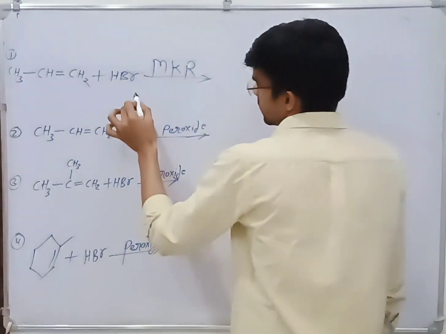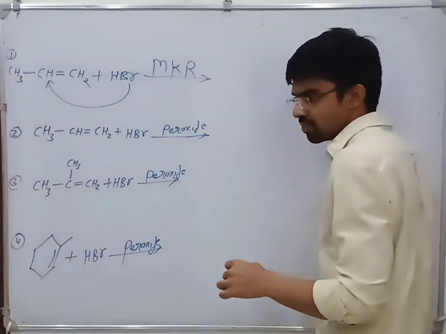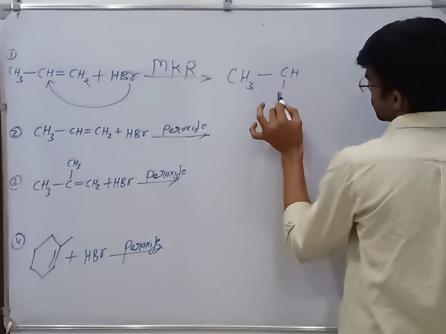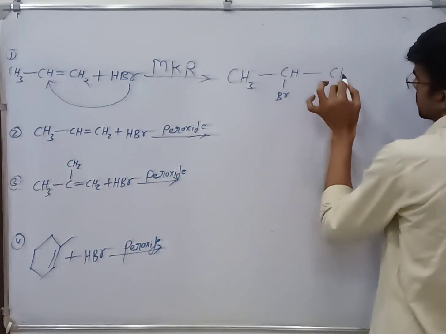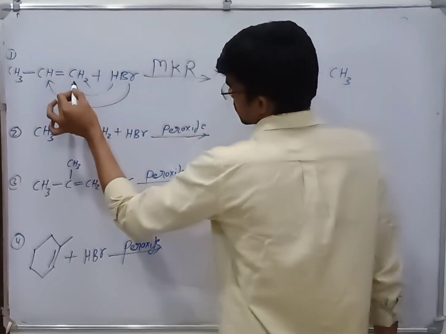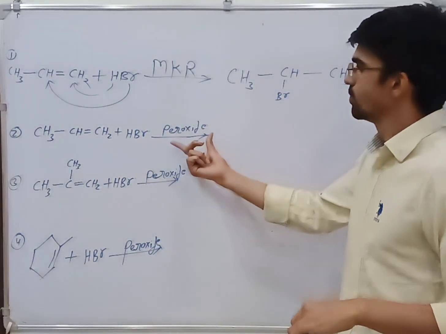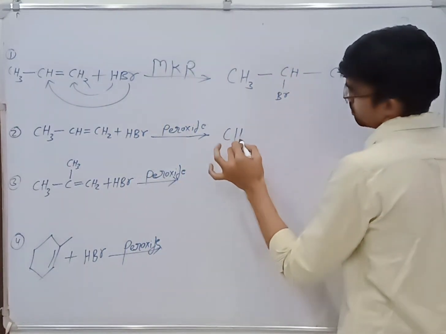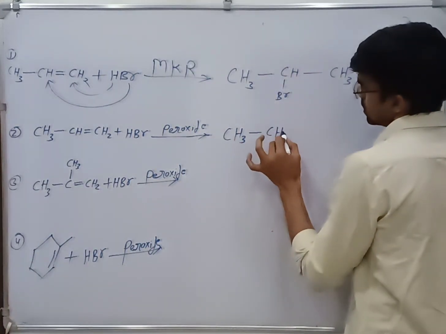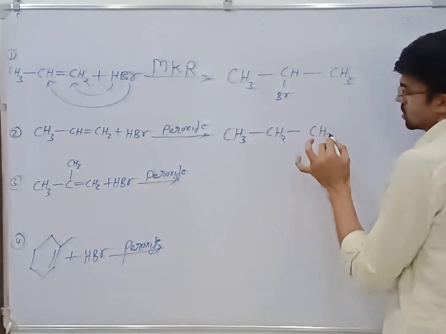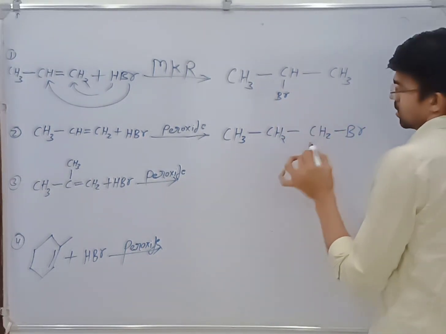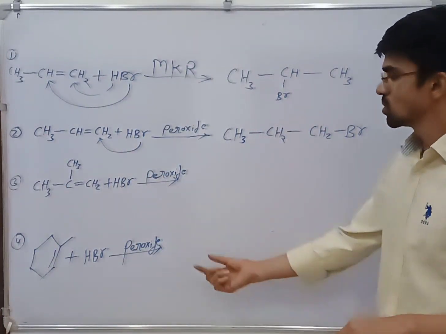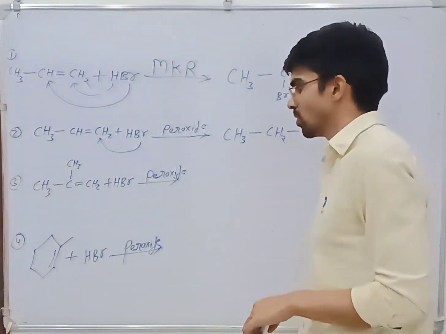So the product will be: Br will get attached to the 2 degree carbon. So our final product will be CH3 CH Br CH3, and H will attach to the other carbon. Next, in the presence of peroxide, it will follow the anti-Markovnikov rule. So our final product will be CH3 CH2 CH2 Br. Now Br will get attached to the 1 degree carbon and H will attach to the other.